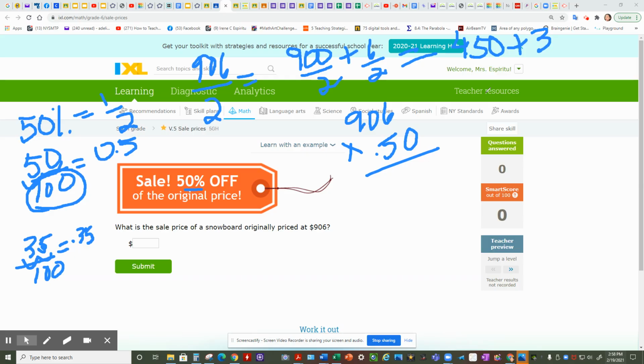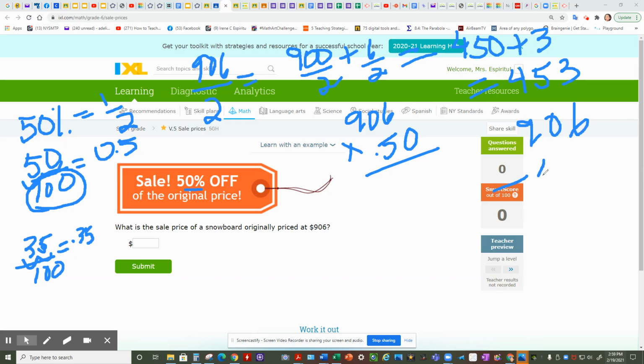So 450 plus 3 is going to be 453. So the sale price is the price of the item after you take away the discount. So the discount is 453. So you subtract it from 906, it's still 453.